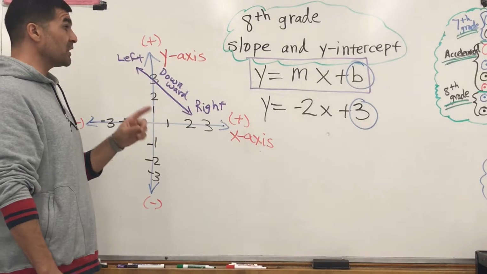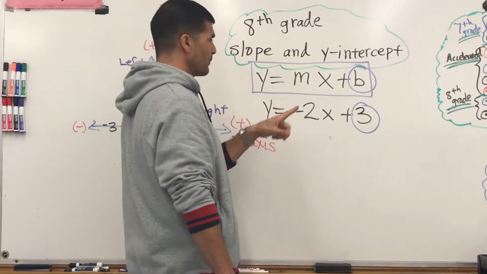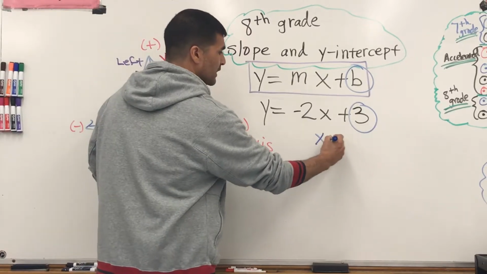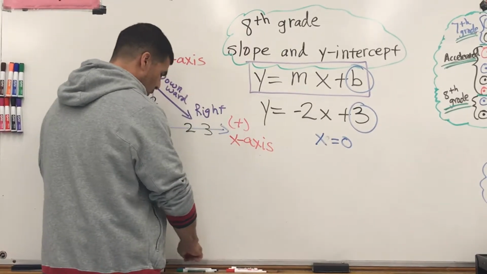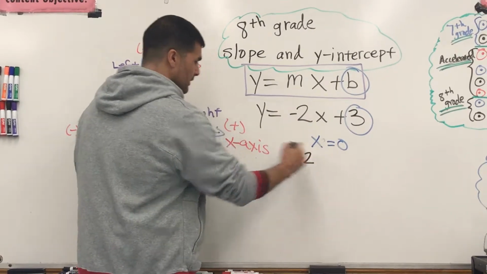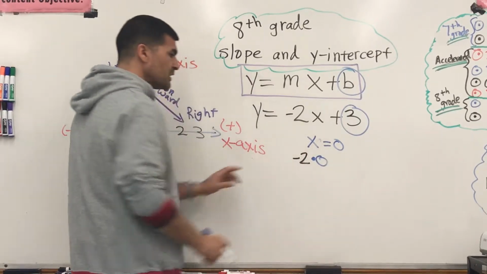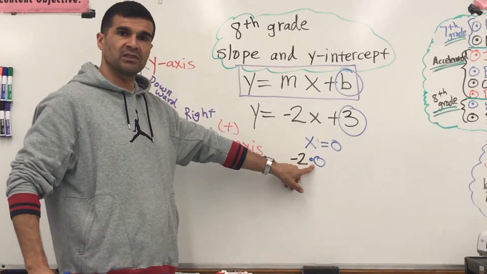Well, this number 3 is very important on a graph because here's what it's telling me. Let's say that x is equal to 0. Let's see what happens when you multiply -2 times this x number, and I'm going to multiply it by 0. Isn't anything times 0 going to be 0?